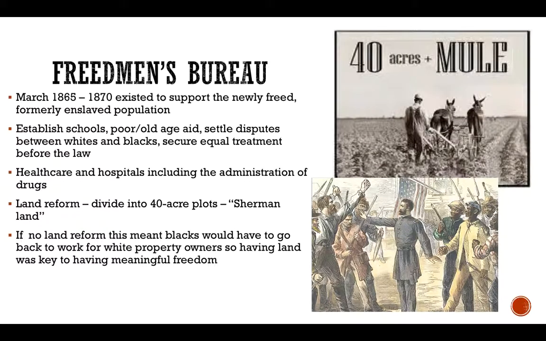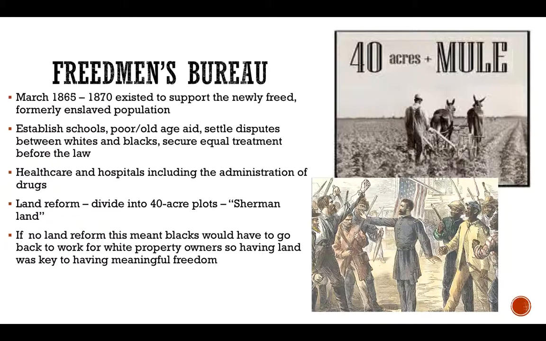The Freedmen's Bureau, as we mentioned a little bit before, existed to support the newly freed and formerly enslaved population. So this existed for 5 years following the Civil War until 1870. They established schools. They dealt with aid for the poor and those who were old, and they settled disputes between Blacks and whites.